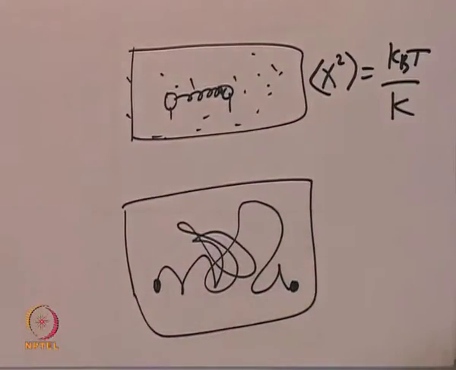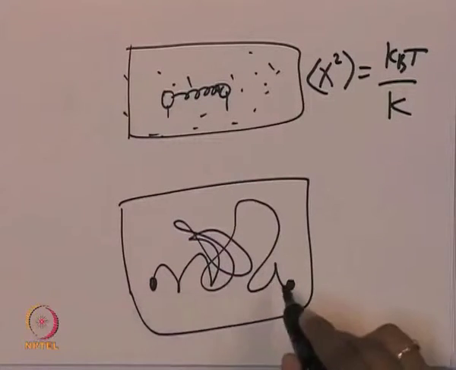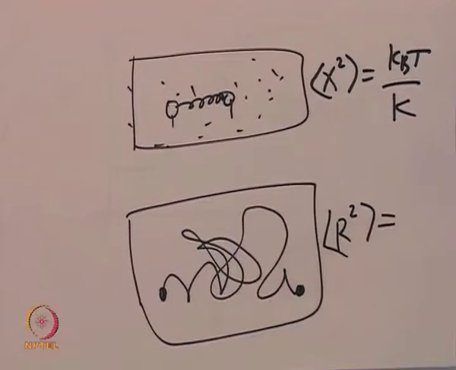Similarly, what will be the end to end distance square? What will be the R average square? It turns out that the R square average can be computed in a similar manner.